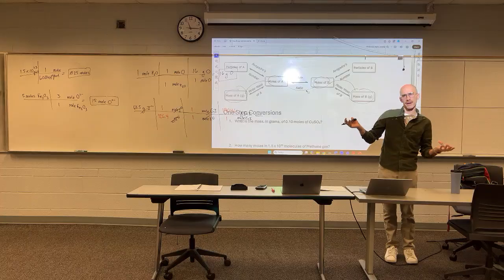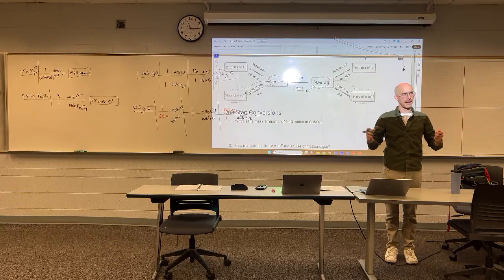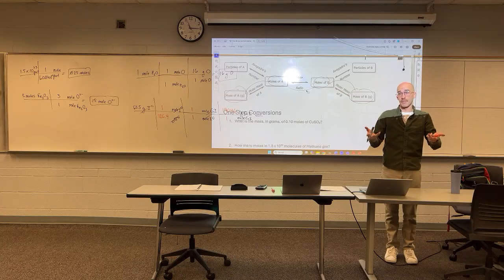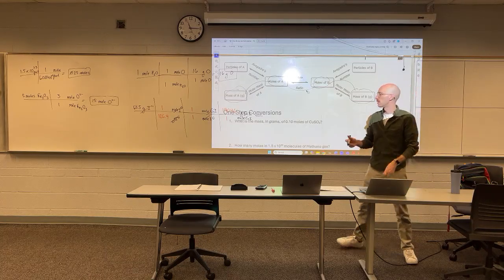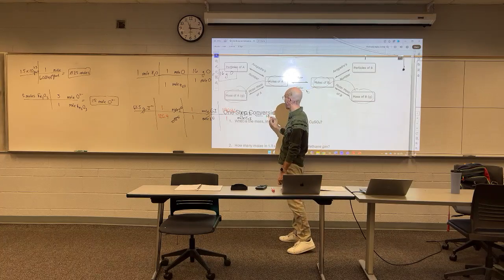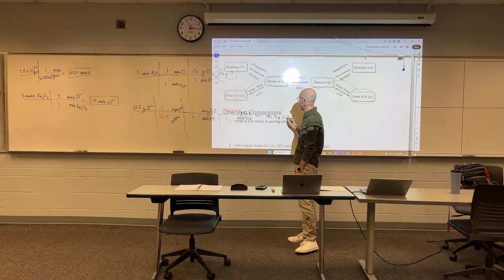I have 63.5 grams of iodide. Will it be heavier than that with copper iodide or lighter than that with copper iodide? Heavier because I'm adding in now the mass of copper as well. Tell me if you guys get this number. 95.3 grams of copper iodide.